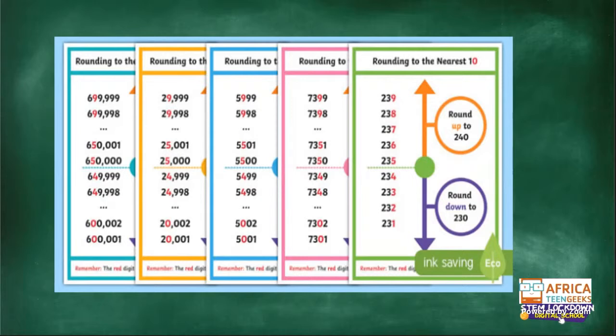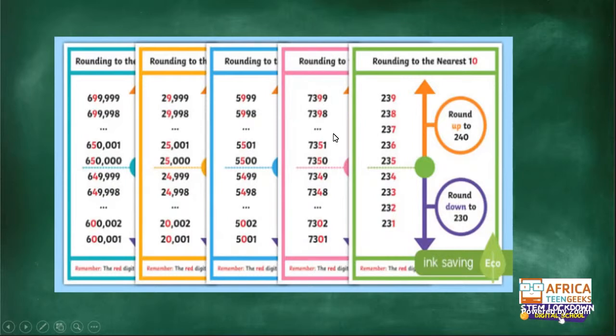Okay, so looking at the pink block, we are rounding off to the nearest 100. All right, anything up from 7,350, 351. We have then 7,398. Then we have 7,399.